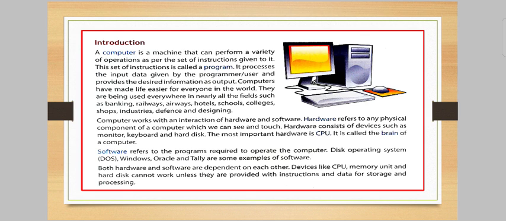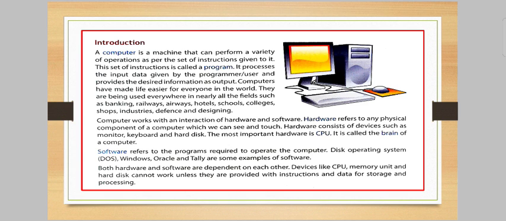Computers have made life easier for everyone in the world. They are being used everywhere in nearly all fields such as banking, railways, airways, hotels, schools, colleges, shops, industries, defense and designing. That means in every place computer plays a very important role.